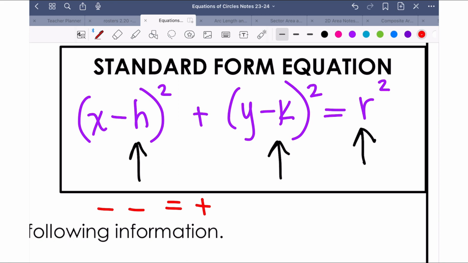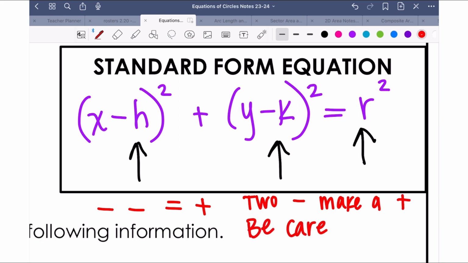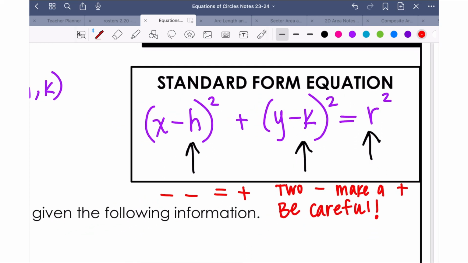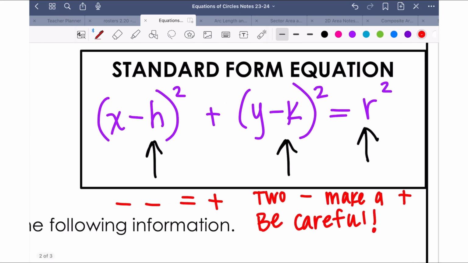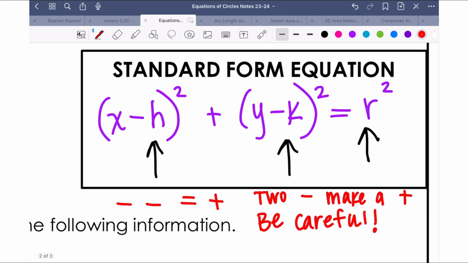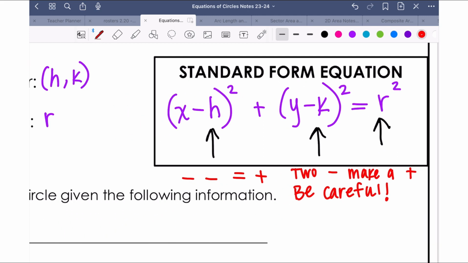So be careful. I'm just going to write that here. Two negatives make a positive. Be careful. Okay? And you'll see what that looks like once we start. All right, so just write that little note for yourself. Two negatives equals a positive, so be careful. Okay? All right, I'm going to get started.